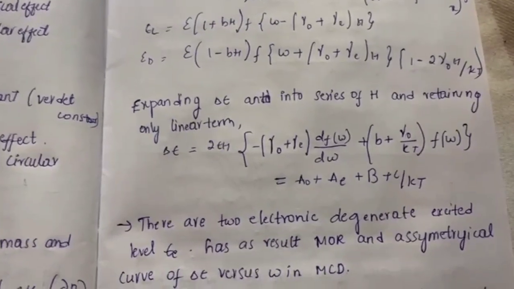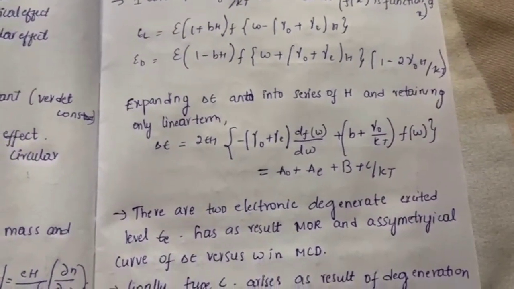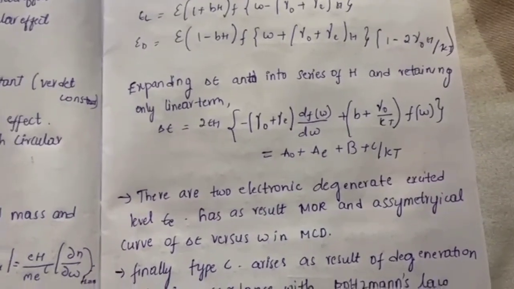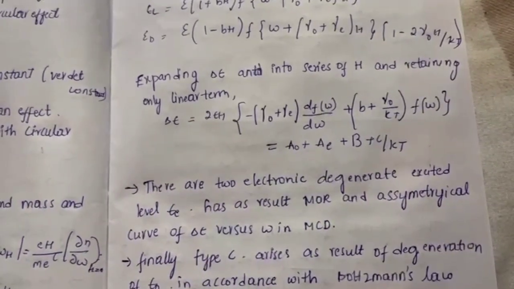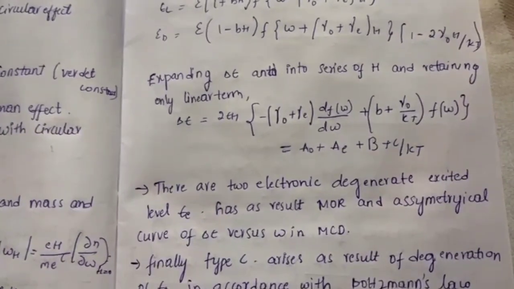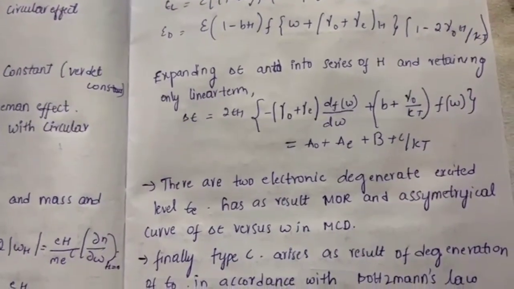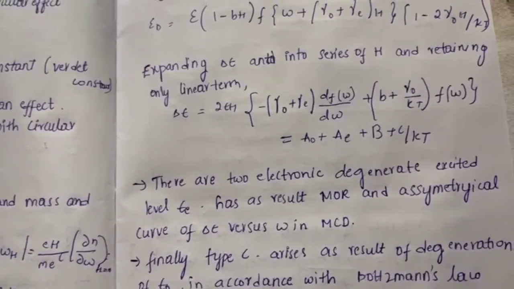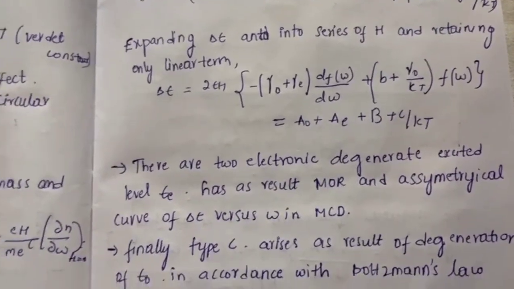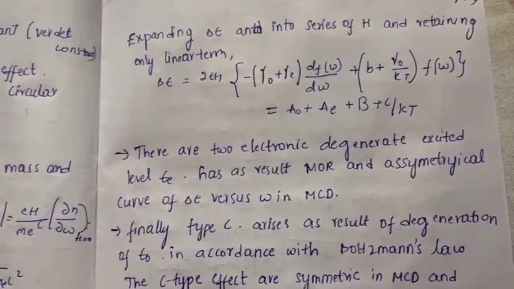There are two electronic degenerate levels. As a result of MOR, that is the magnetic optical effect, an asymmetrical curve of delta E, vice versa. In W we get a magnetic circular effect. Finally, type C arises as a result of a degeneration of E naught.